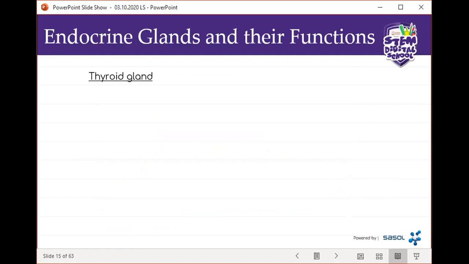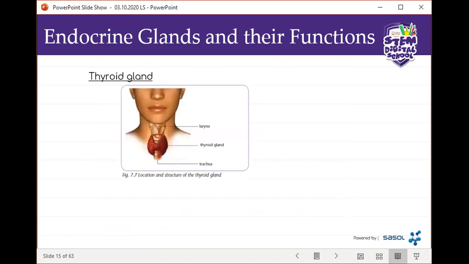Then we're going to look at the thyroid gland. So the thyroid gland is located right here, just below or behind rather the larynx and the trachea, right? Just around it there, around the larynx and the trachea. That is where we get our thyroid gland.